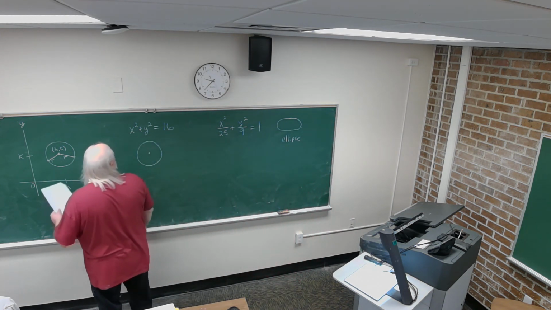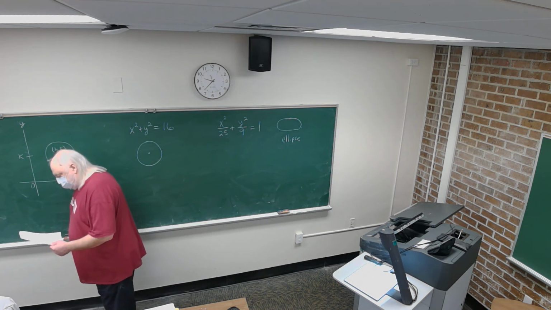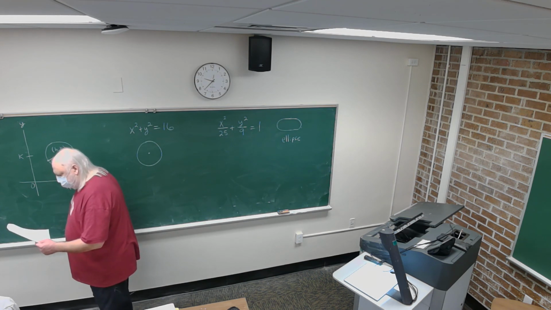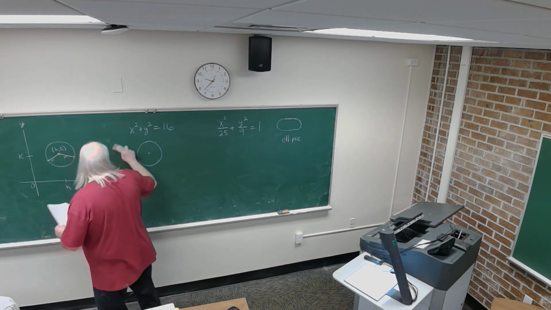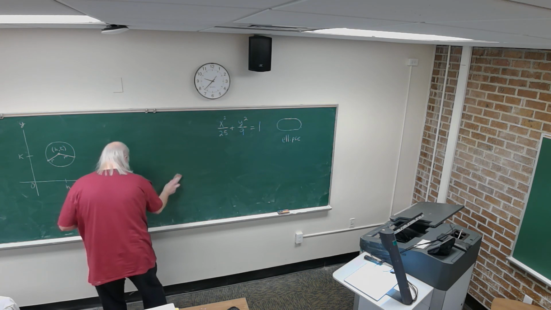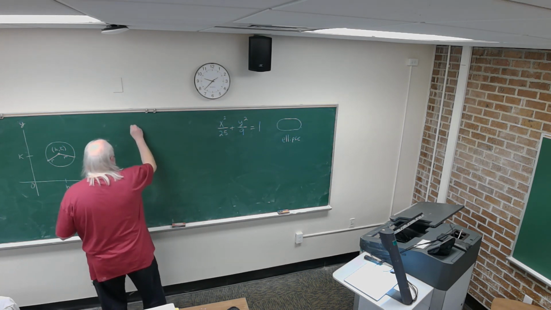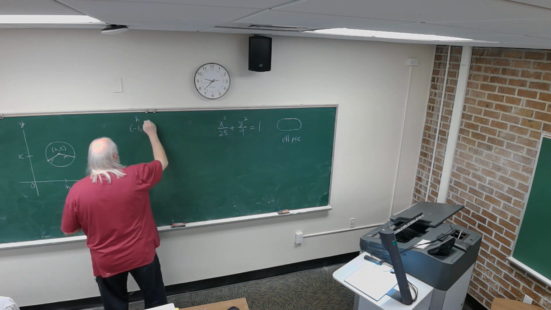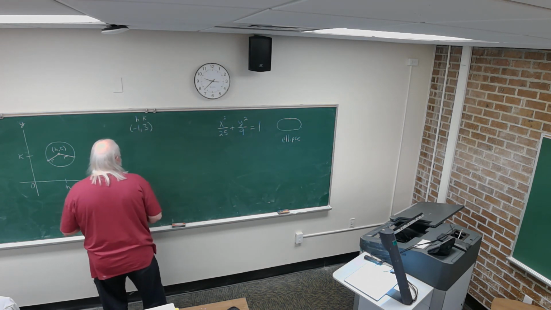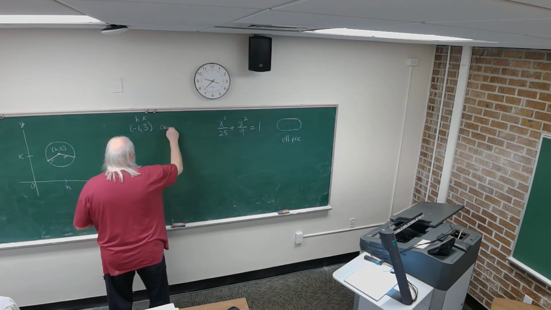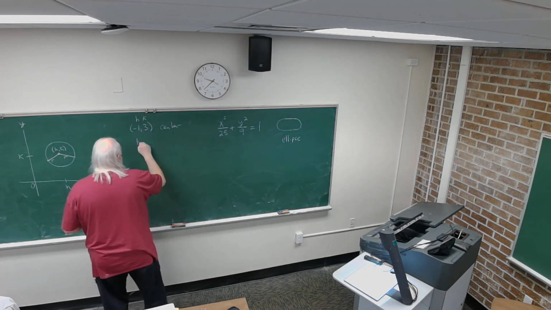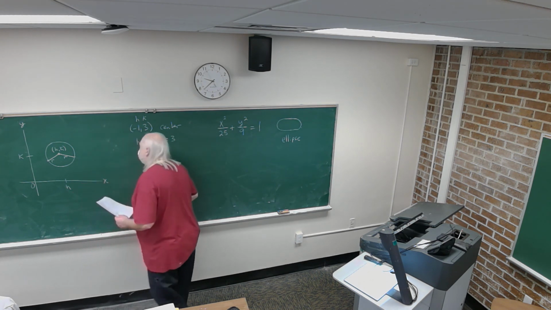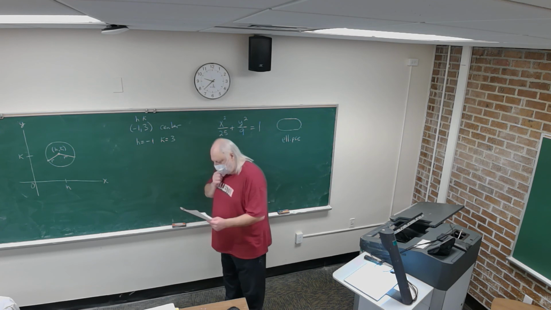And we're instructed to find the equation of the circle with center at (-1, 3). Well, if the center is at (-1, 3), h is equal to -1, and k is equal to 3. Okay, because h is the x coordinate and k is the y coordinate. Okay.